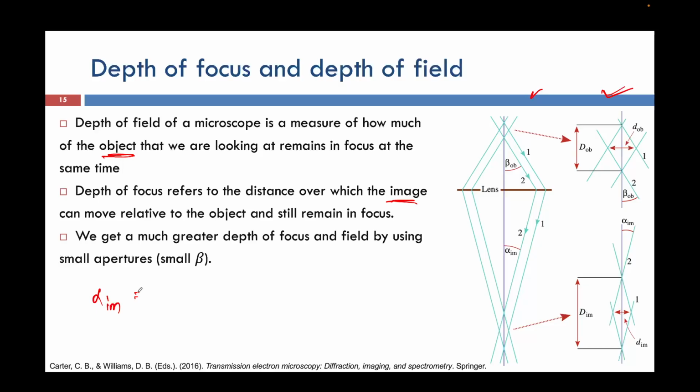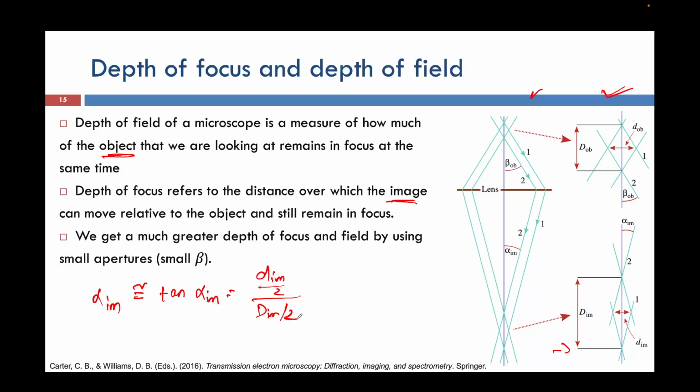Because if we increase alpha, then the aberration will also increase, which will not give us a perfect image. So alpha im will be close to tan alpha im, and if I take the geometry here, then tan alpha im will be dim by 2 divided by dim by 2. We calculated this earlier when we studied depth of focus.